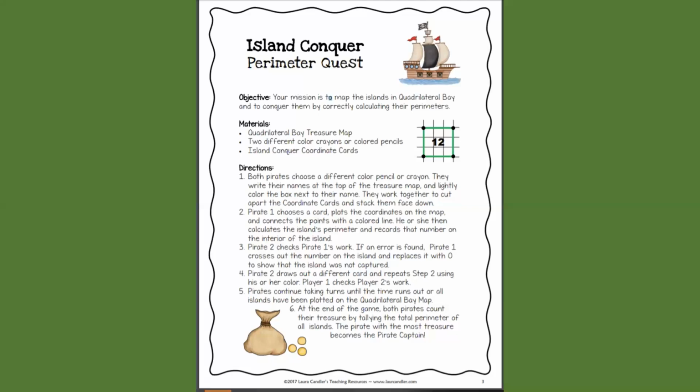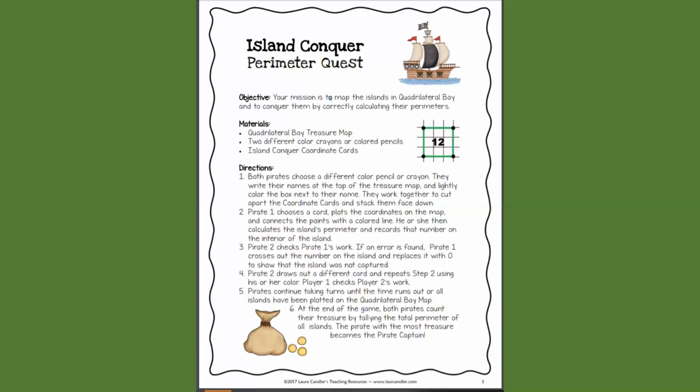Pirate 1 chooses a card, plots the coordinates on the map, and connects the points with a colored line. He or she then calculates the island's perimeter or area and records that number on the interior of the island.